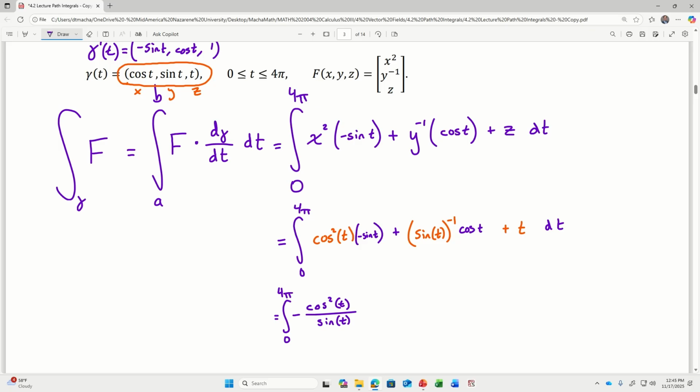Why is it over sine? Oh, sorry. I don't know why I wrote that over sine. I think I'm thinking about this negative 1 power, but clearly I'm in the wrong spot for that. So it's cosine squared times sine.